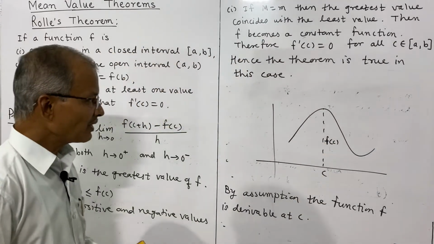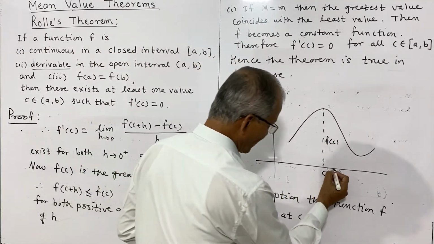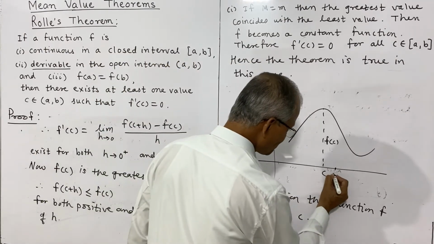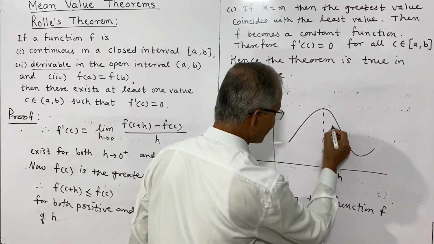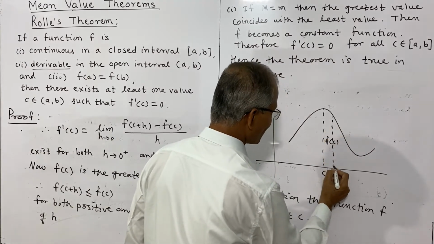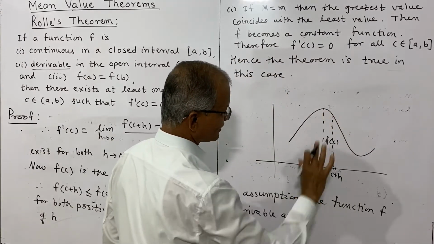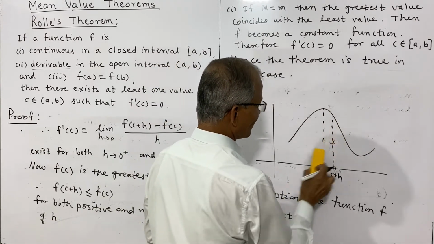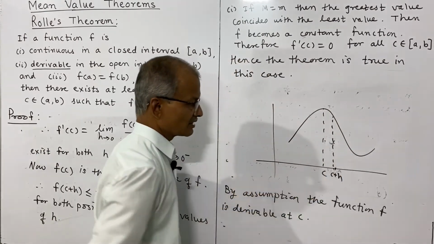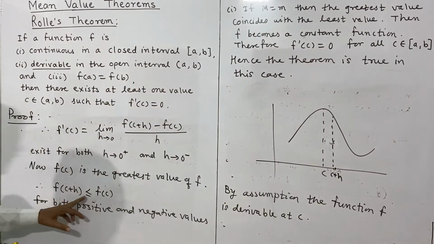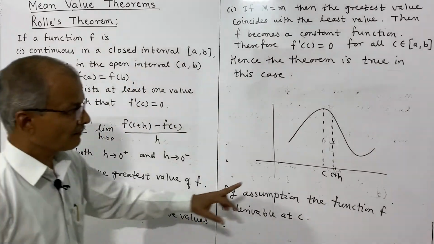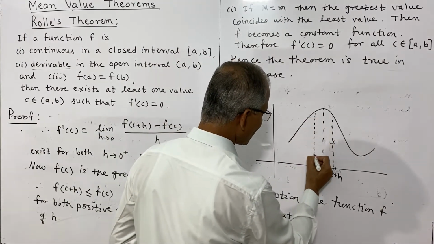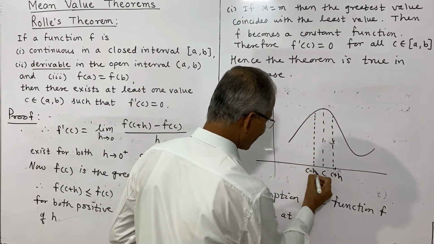So f of c plus h depends on whether h is positive or negative. If h is positive, c plus h will be this value, and this value is less than this f of c. So this is f of c, and this is f of c plus h. So f of c plus h is less than or equal to f of c, and if h is negative, then the point will be c minus h.